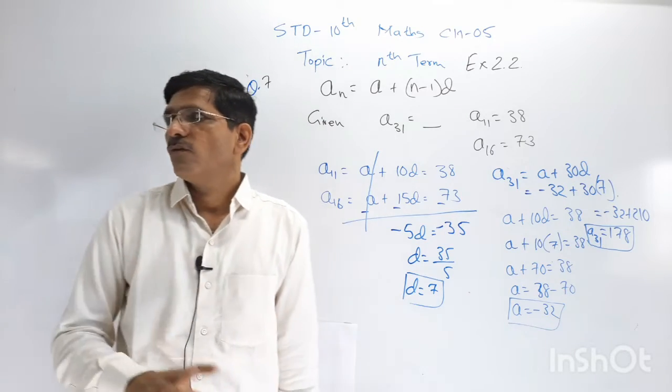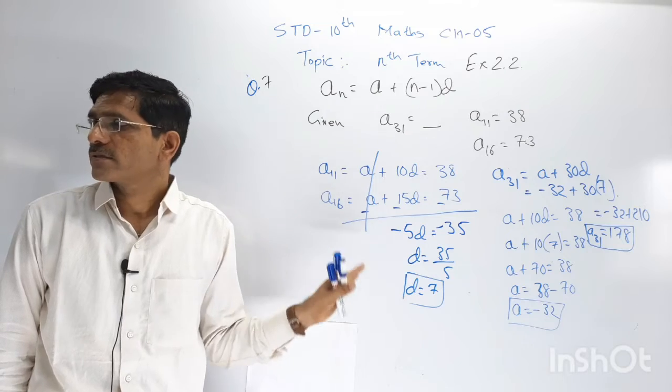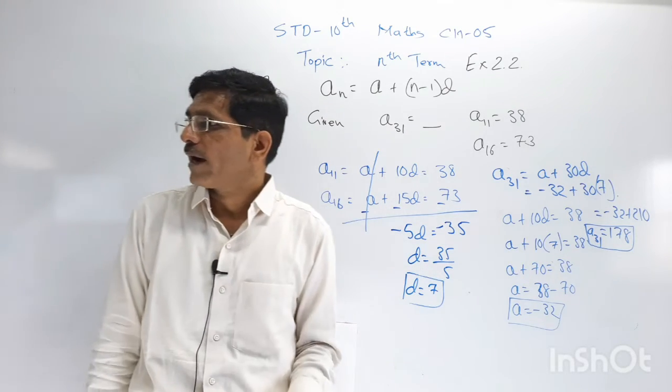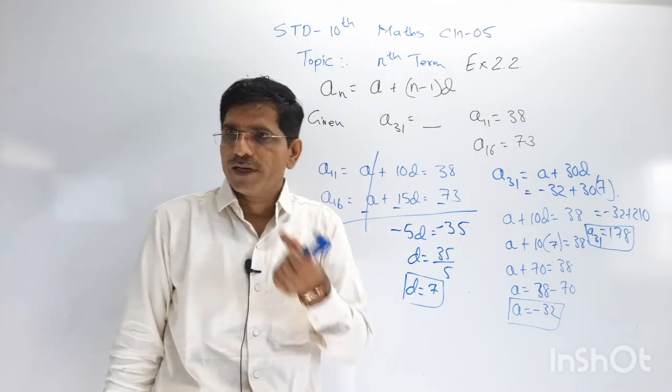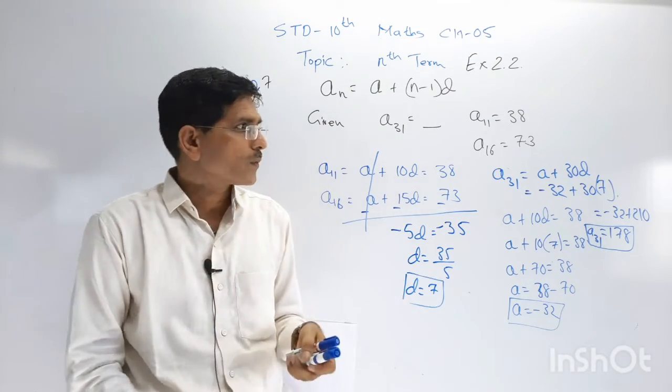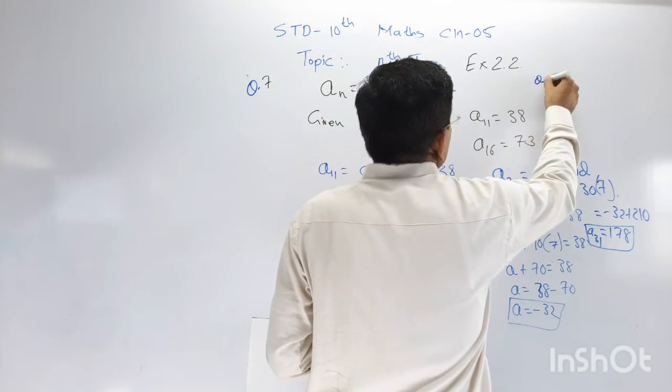So again the 8th sum is also the same. Find an AP which consists of 50 terms. I am discussing question number 8.